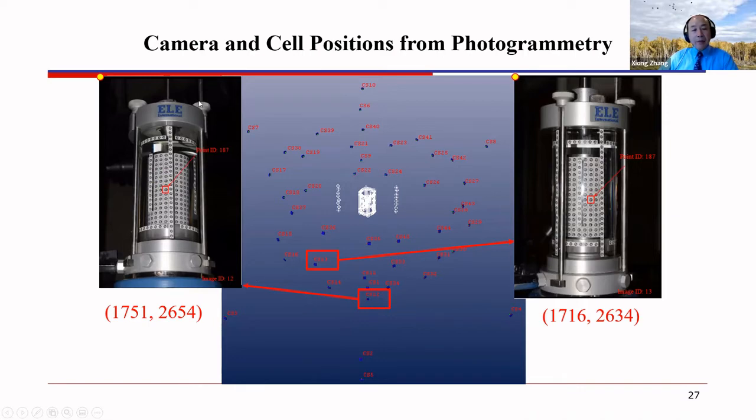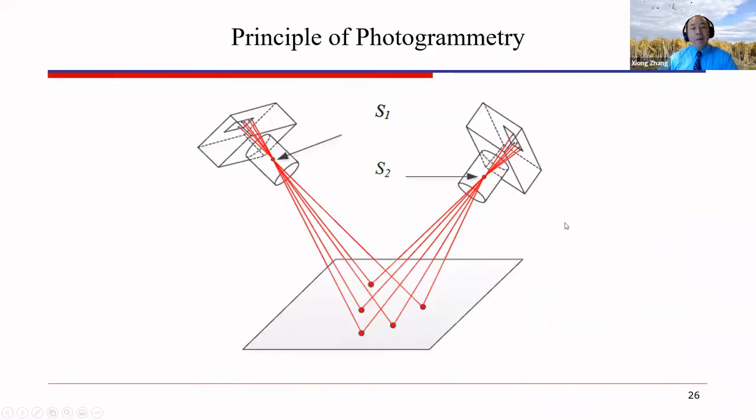Once you know the camera position and the picture, you can reconstruct the 3D model of the soil specimen. So this idea is very simple. It's called photogrammetry. So how many points do you actually need to back calculate the camera position? The answer is 6.